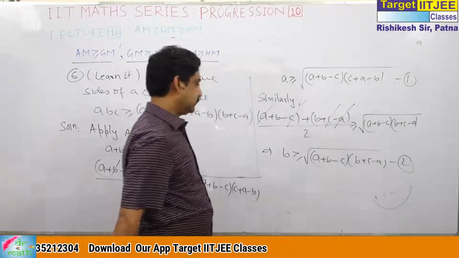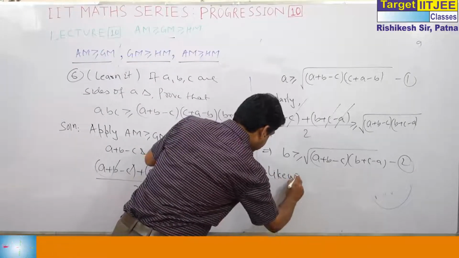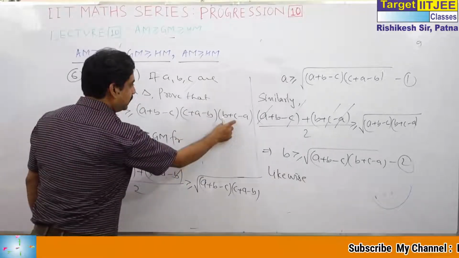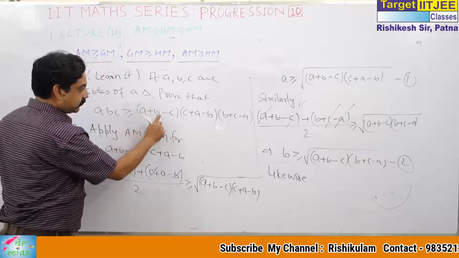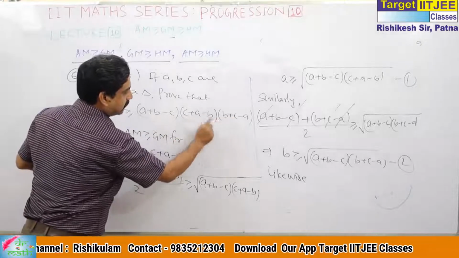This is number 2. And likewise, we applied the 2 by 2 rule first for 1 and 2, then for 1 and 3, and then for 2 and 3.